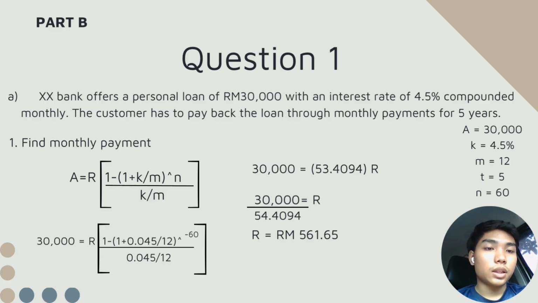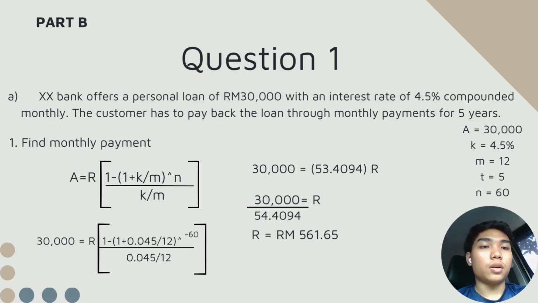Substituting all the values into the formula: 30,000 = R[(1 - (1 + 0.045/12)^(-60)) / (0.045/12)].